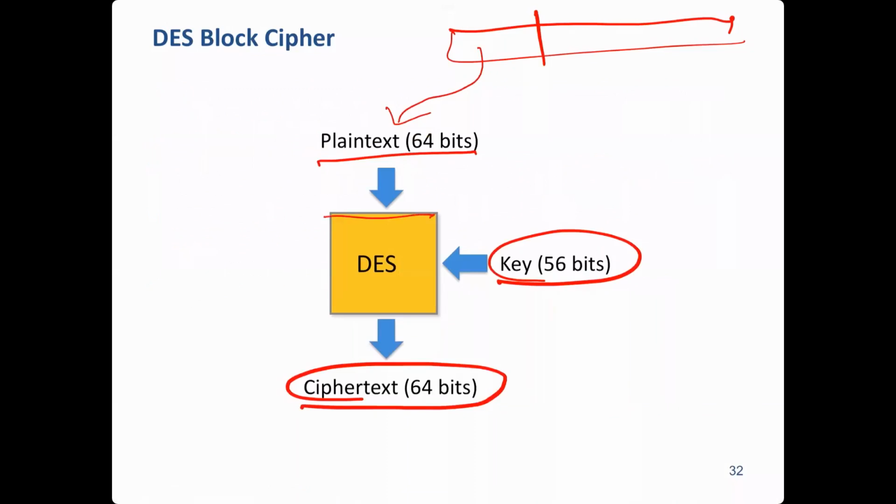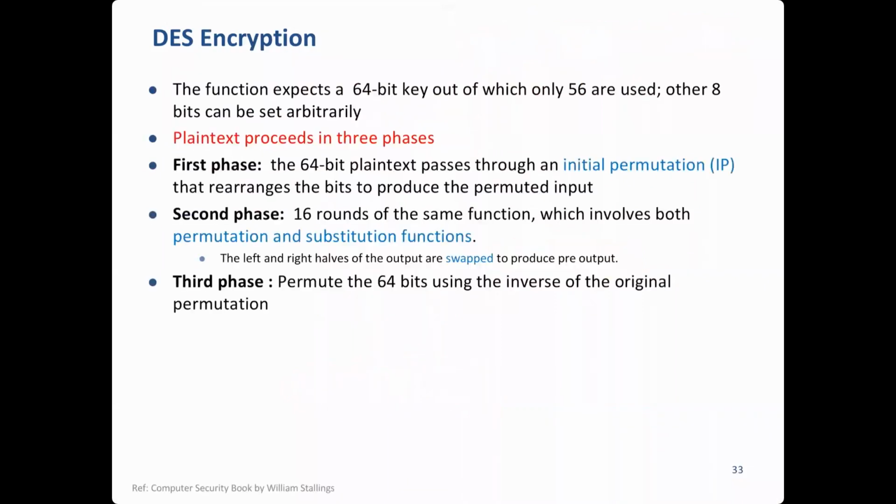Now this looks like a monolithic system, a black box that looks very simple, but internally there must be some structure, some architecture. So we are going to discuss this architecture. In terms of process, it has 3 phases. In the first phase, you do an initial permutation.